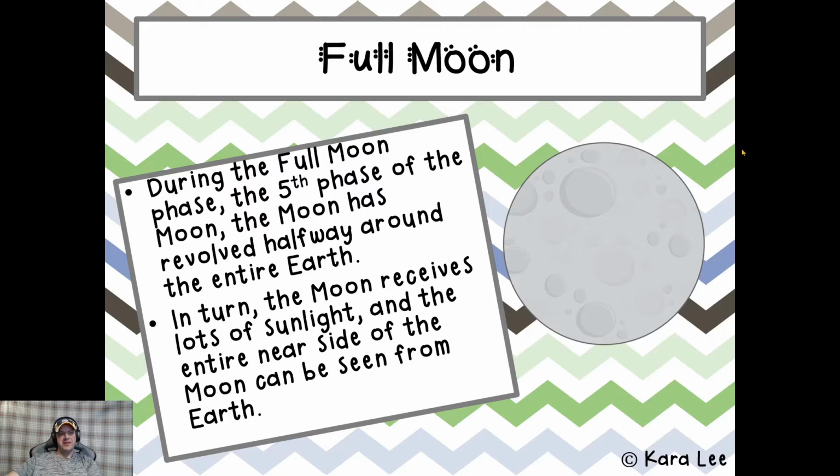The full moon, when middle schoolers act crazy, when they turn nutso. The full moon, which is the fifth phase of the moon, has revolved halfway around the Earth. In turn, the moon receives lots of sunlight that we can see, and the entire side is lit up.